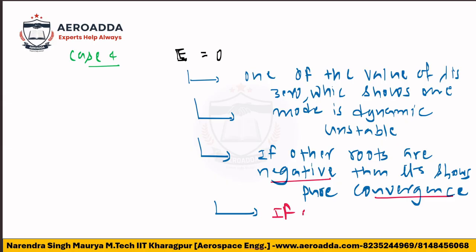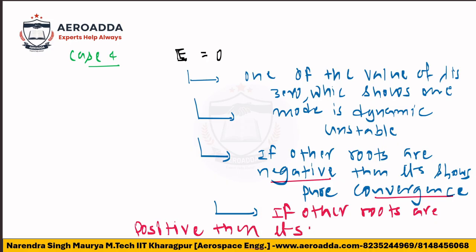If the other roots are positive, then it shows pure divergence. They can ask about convergence and divergence also.